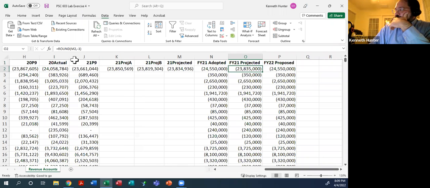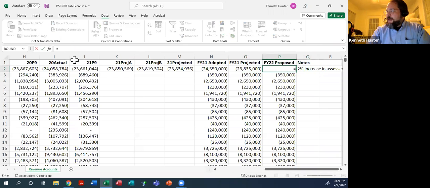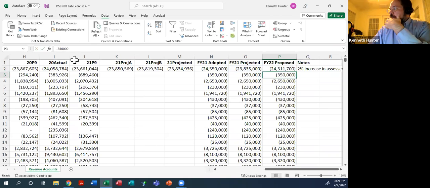So let's say in my notes that I was told there's going to be a 2% increase in assessed value. What that would tell me is I could go back and increase the projected for next year by 1.02, and that gives me my number for next year.